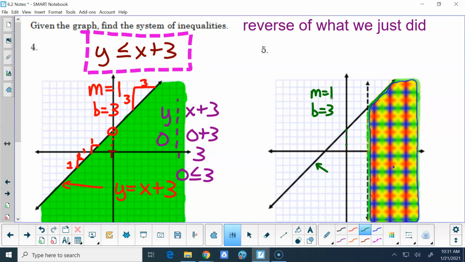Up 1, right 1, up 1, right 1, the whole way through. Would you agree? So that line would then again be y equals x plus 3. It's the same thing we just had. In fact, it is the exact same thing.